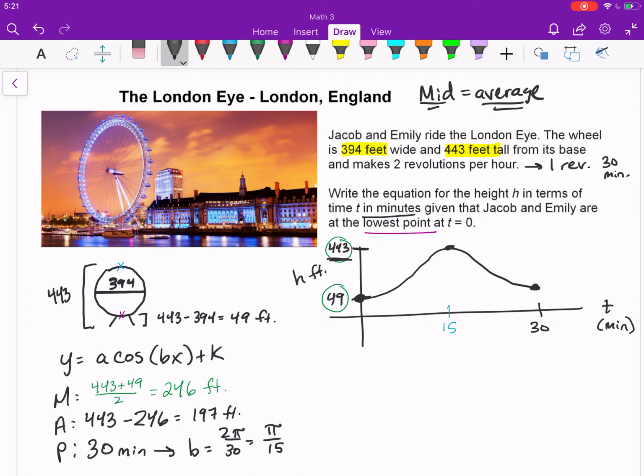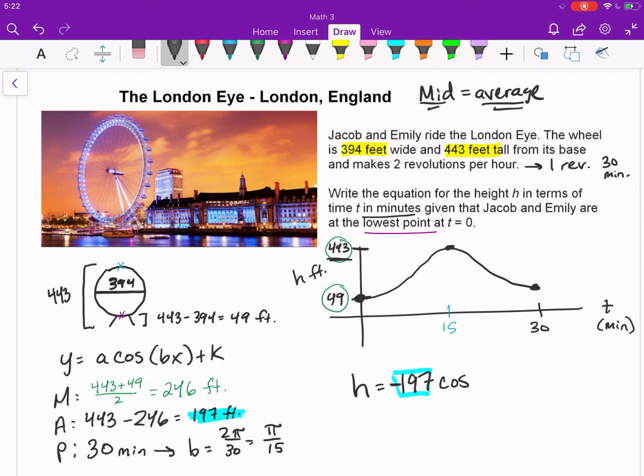Let's work our magic. So to write our equation, which by the way, they want it in terms of h, so I'm going to write h instead of y, and we're going to use t instead of x, but otherwise everything else is the same. So amplitude is 197, so we're going to go ahead and put the 197 right here. And since we're starting at the minimum, we're going to put a little negative there.